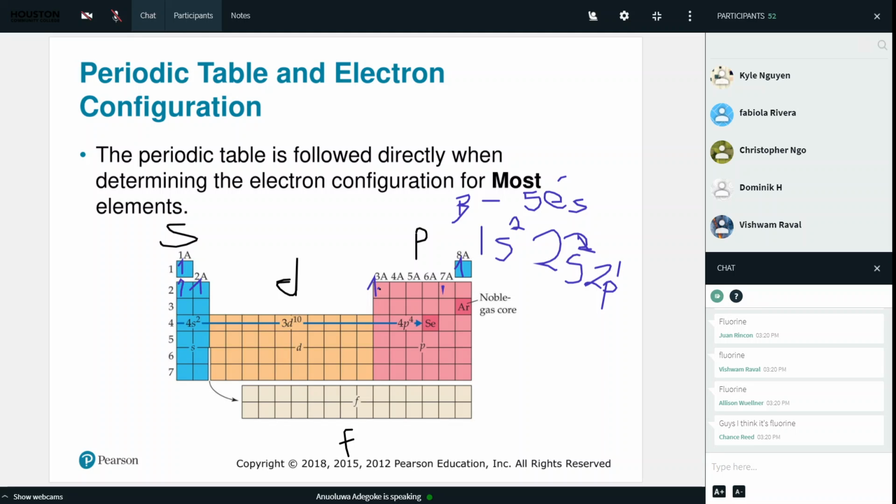If we go down all the way, this is fluorine. So what would be the electronic configuration for fluorine? Again, we are traveling down to fluorine, placing the electrons on the orbitals till we get to fluorine.